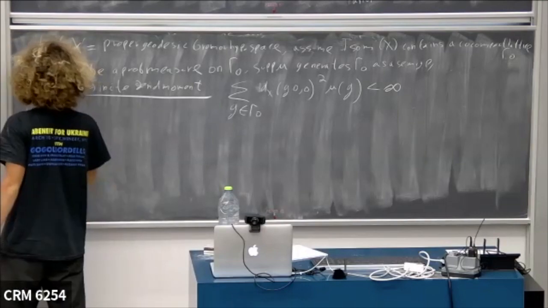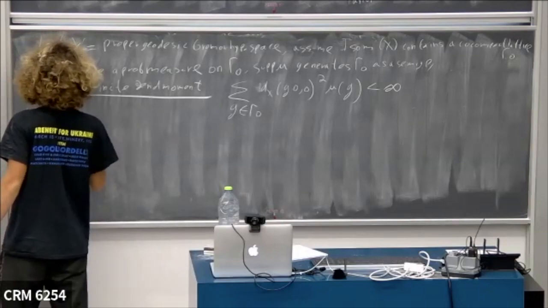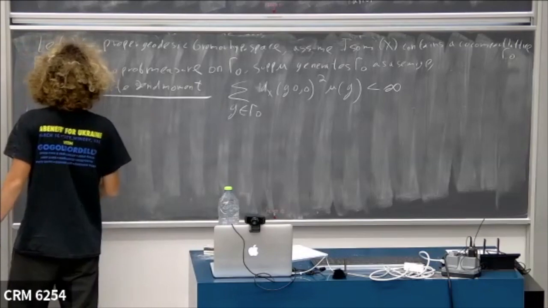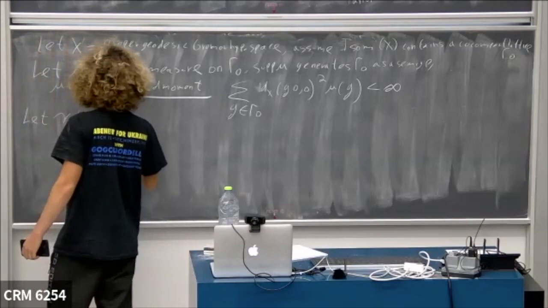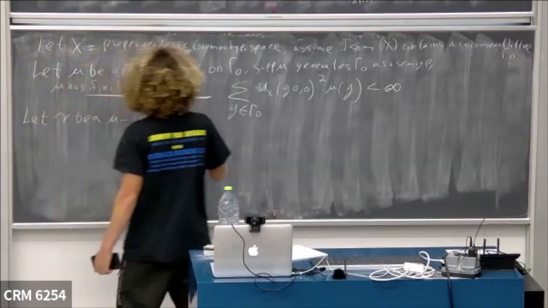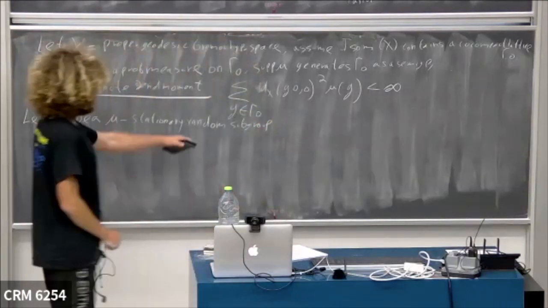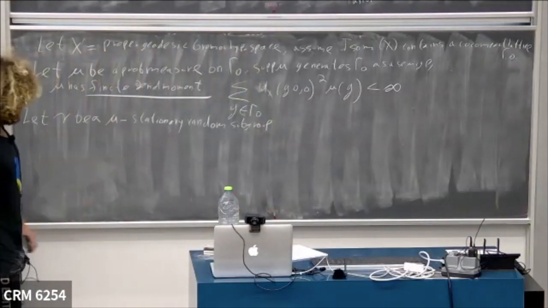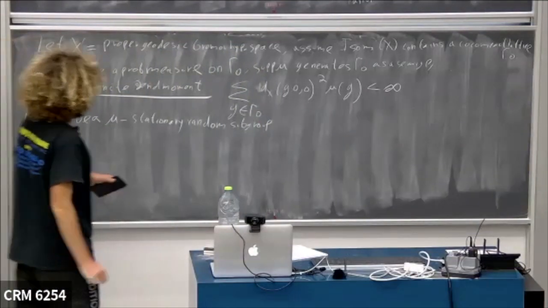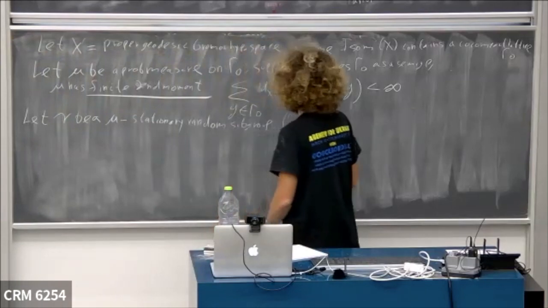And let mu be a mu-stationary random subgroup. So what's a stationary random subgroup?